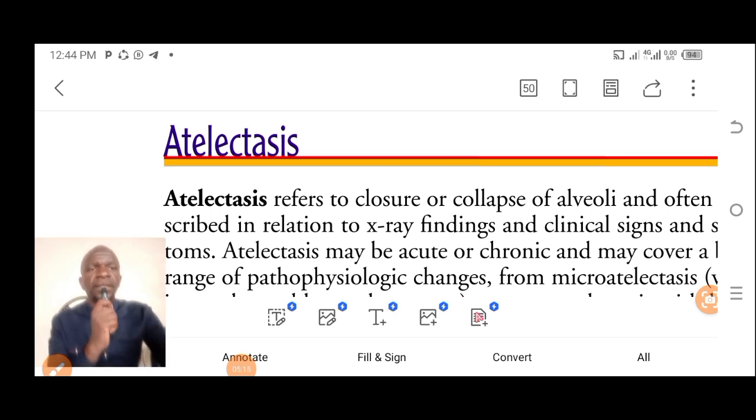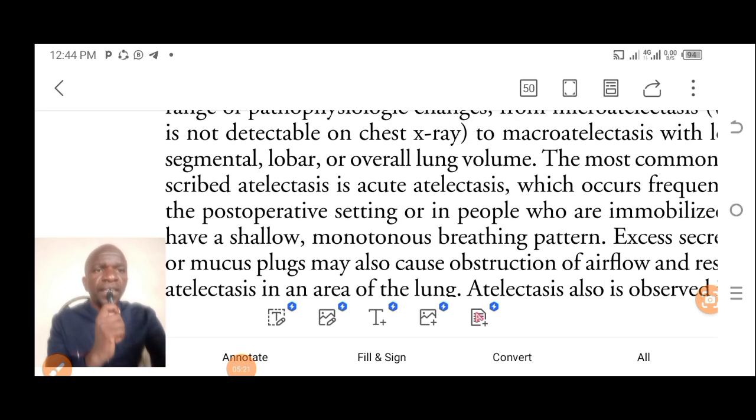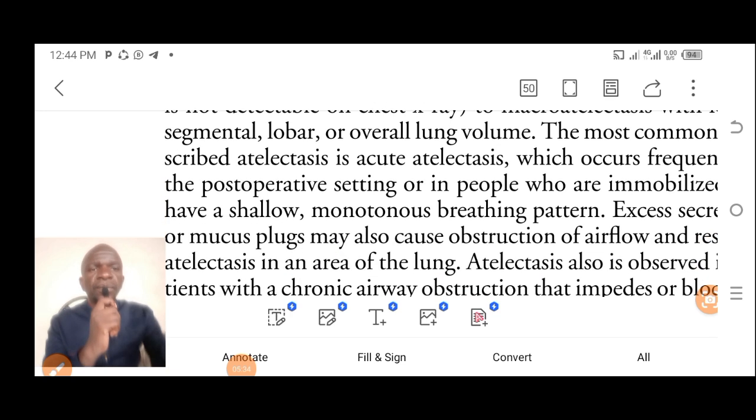And we found that the causes of atelectasis, usually it occurs in people who are immobilized post-operatively, that is after surgery. It also happens in people that have excessive secretions that will block the airways, right?